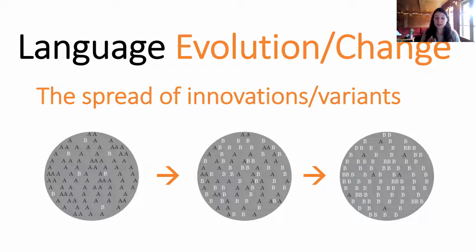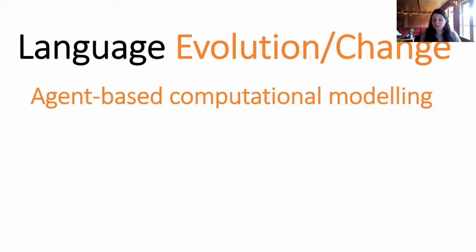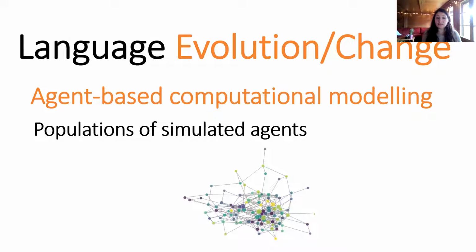How do linguistic innovations emerge and then spread, and how fast do they become the new linguistic norm? To answer these questions, I'm currently using agent-based computational modeling. In these models, I look at different types of populations of simulated agents. Each of these dots in this graph simulates one person, an agent, and they have carefully controlled capacities.